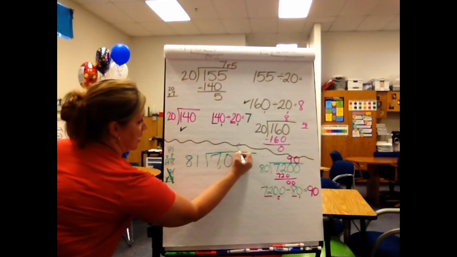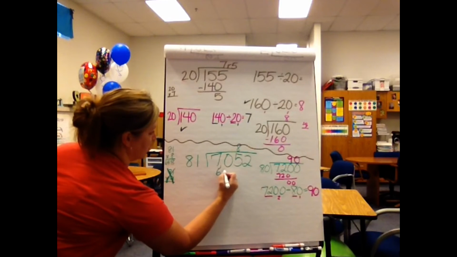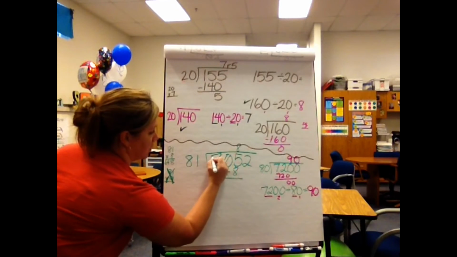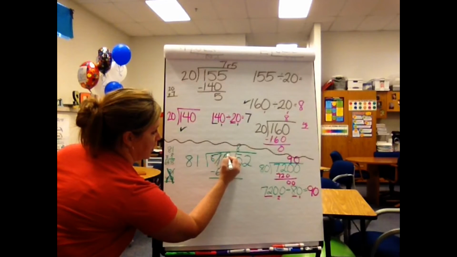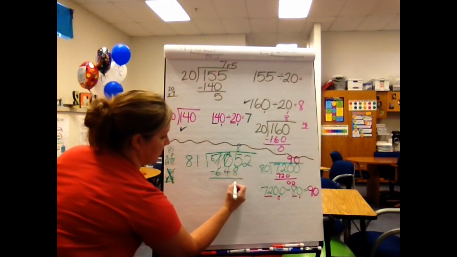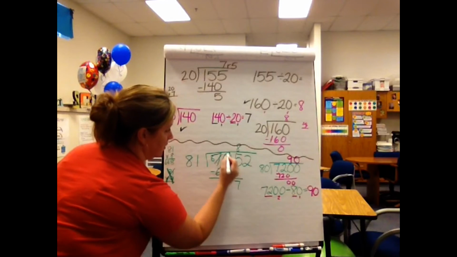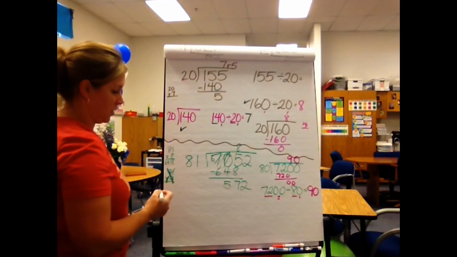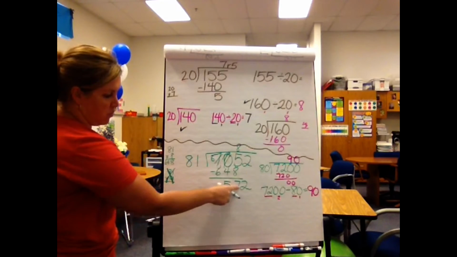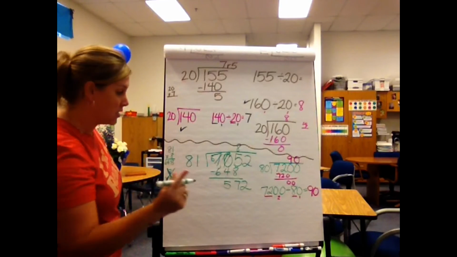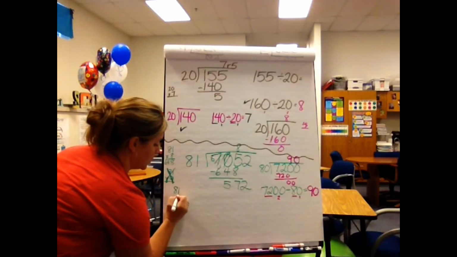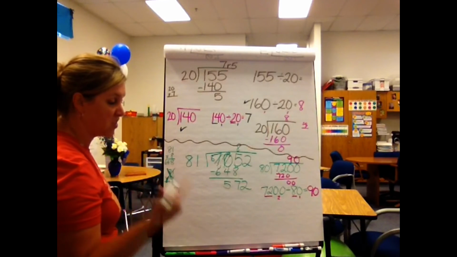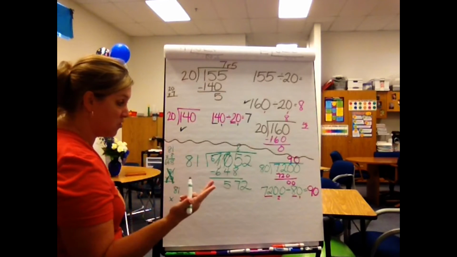So 81 times 8 is 648. Subtract. 5 minus 8, that's going to be a 10, borrow here, give me a 9, make it a 15, and that is 7, 5, 2. Okay. Now how many times can 8 make 57? Well, 8 times 5 is 40. 8 times 6 is 48. 8 times 7 is 56.